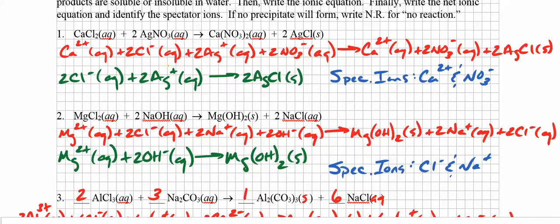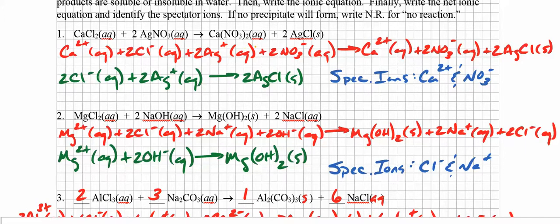So now I've dissociated the CaCl2, and now I'm going to go to the silver nitrate. Notice that there is a 2 in front of the silver nitrate. That coefficient applies both to the silver and the nitrate ions. So we have 2 moles of silver ions, aqueous, plus 2 moles of nitrate ions, also aqueous, and we're finished with the left side of this equation. Let's move over to the right-hand side. Well, we see that calcium nitrate is formed, but it is aqueous.